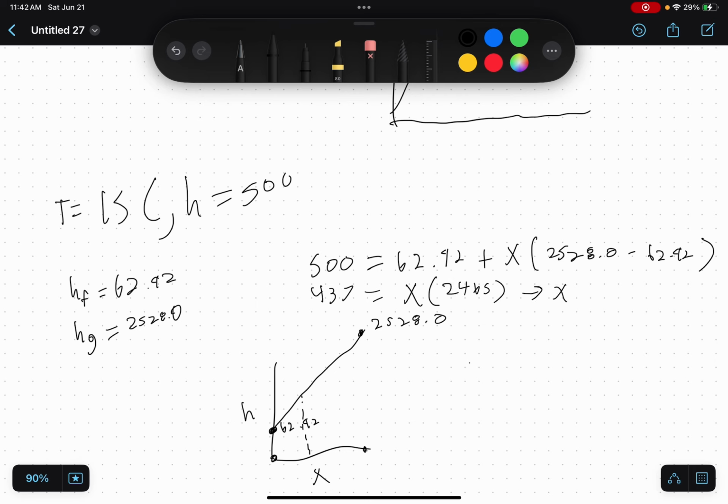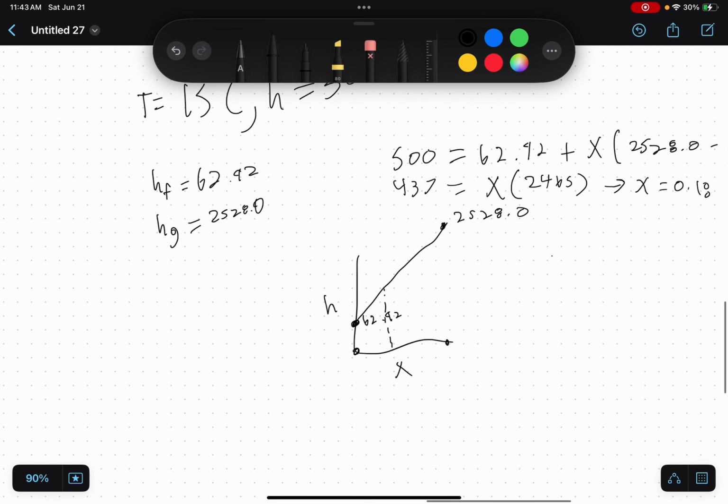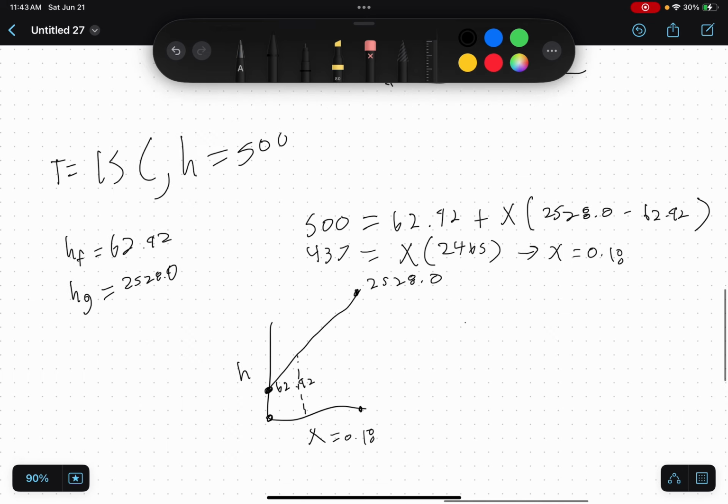So that means our quality is 437 divided by 2465, which is 0.18. Which is closer to 0% than 100%, so that meets our check.